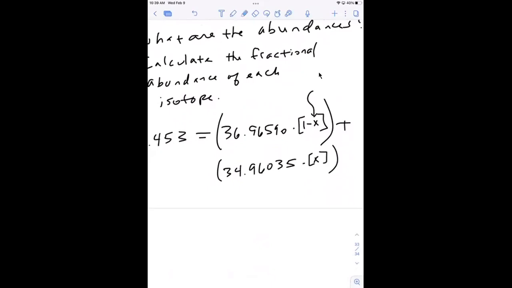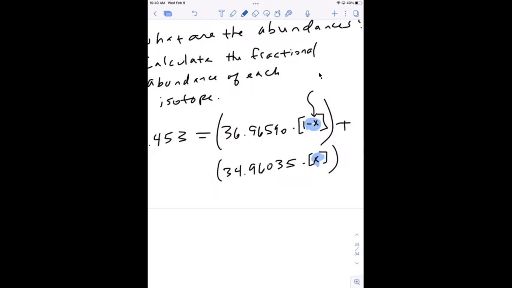We're going to solve for x. x is going to be the first fraction, and 1 minus x, which represents 100 in this case because they have to add to 100, will give us the second fraction. So the first fraction is x, the second fraction is 1 minus x. If we solve for x, we can plug that into the other equation and subtract it out.